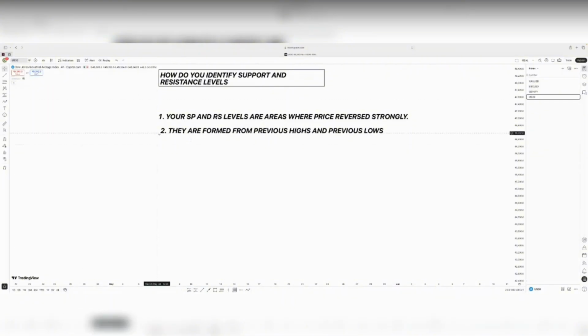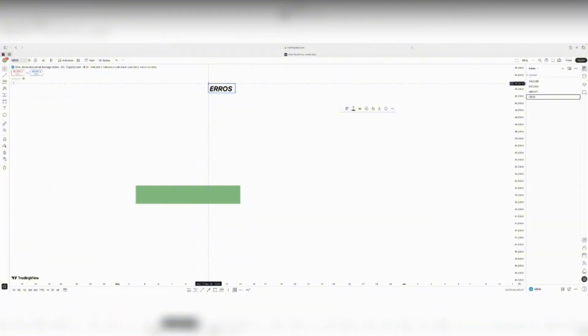Now, in a support zone, you don't just automatically buy. This is important, so let me write it out. Errors to avoid while trading support and resistance.